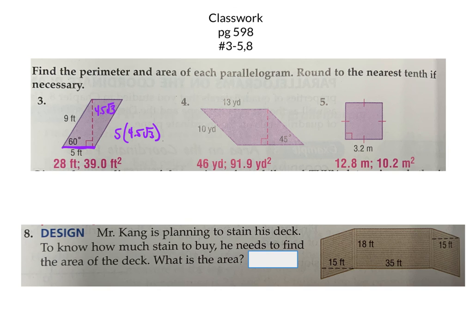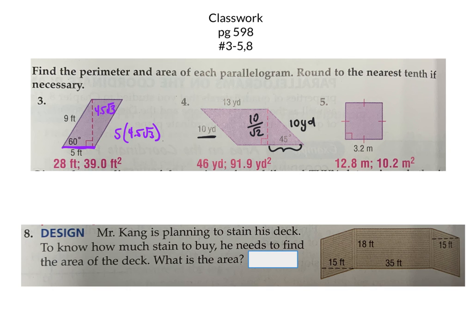All right. For 4, if this is 10 yards, then this is 10 yards, right? It's a parallelogram, okay? And so to get the height, I need to find the side length. For a 45-45-90, how does my side compare to my hypotenuse? The hypotenuse is the side multiplied by the square root of 2. So then I need to divide. My side length here and here is going to be 10 divided by the square root of 2.